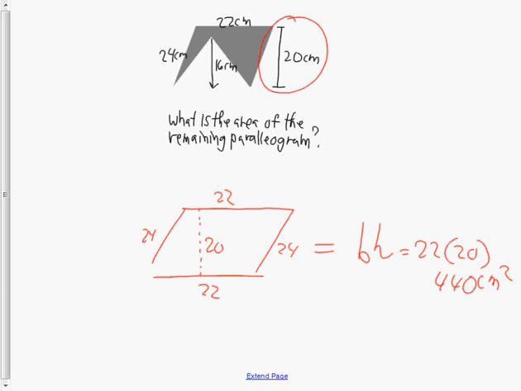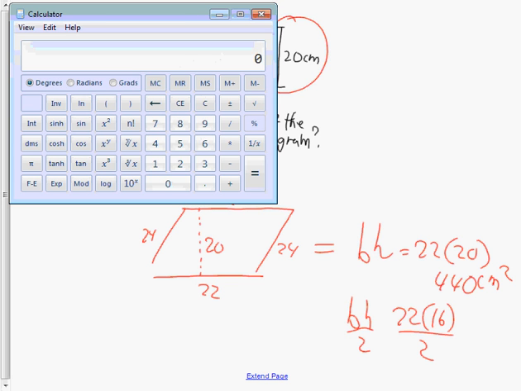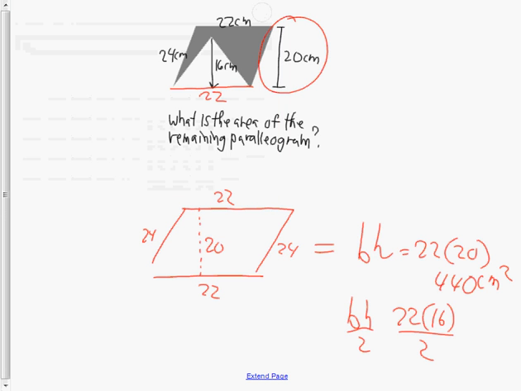But this little white triangle was cut out, and this base is still 22. So it's base times height divided by 2. It's 22 times the height, which is 16, divided by 2. 22 times 16 is 352. Divide that by 2, and the area of this white triangle right here is 176 centimeters squared.